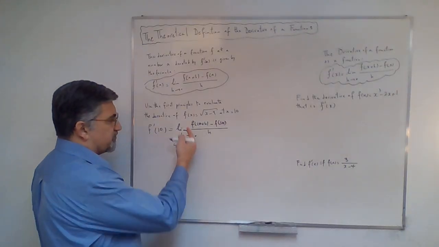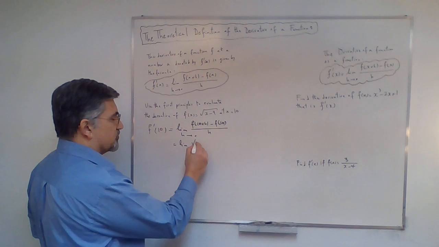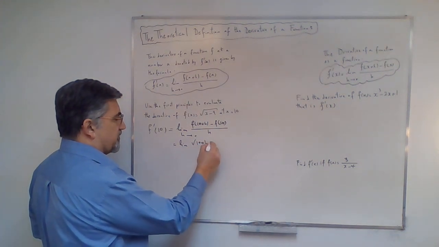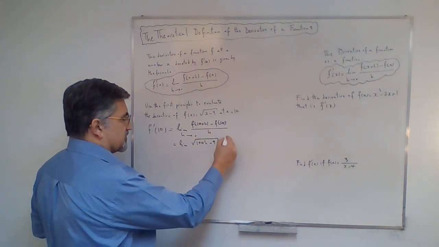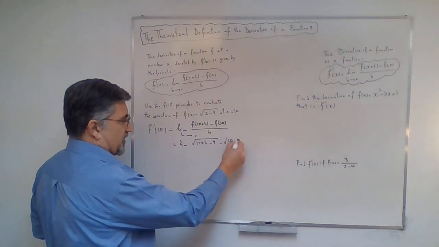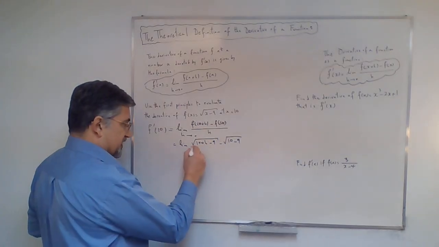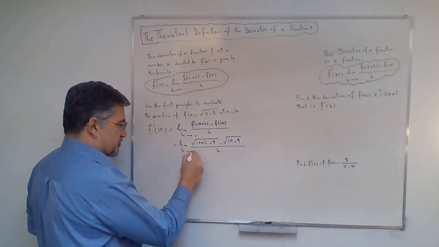So this is the limit of f at 10 plus h. Now f of x is a square root function, so it's going to be the square root of 10 plus h minus 9, minus the square root of 10 minus 9, because that's what f at 10 is. You substitute 10 for x, all over h, when h approaches 0.